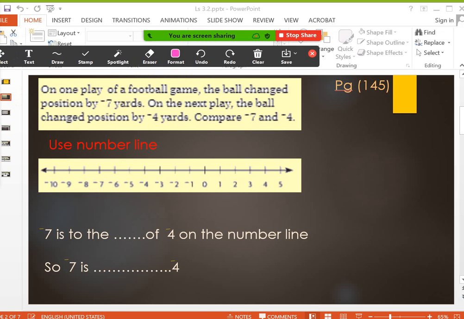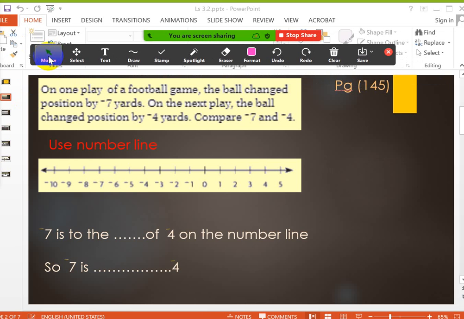You know that when we have whole numbers without any sign, we talked about how to compare between the numbers and put the symbol toward the greater one. But here my issue is the sign, the negative and the positive.